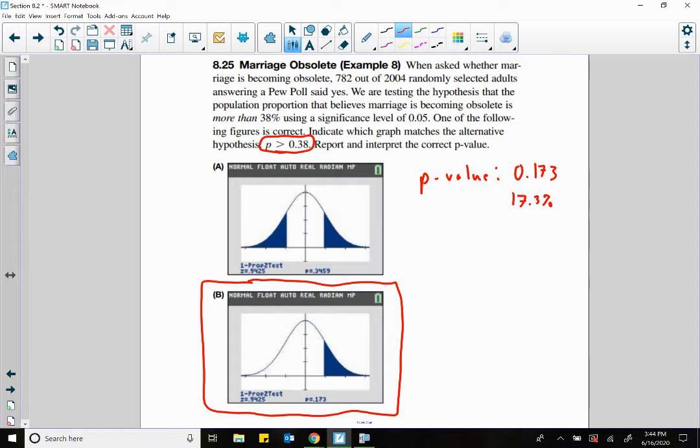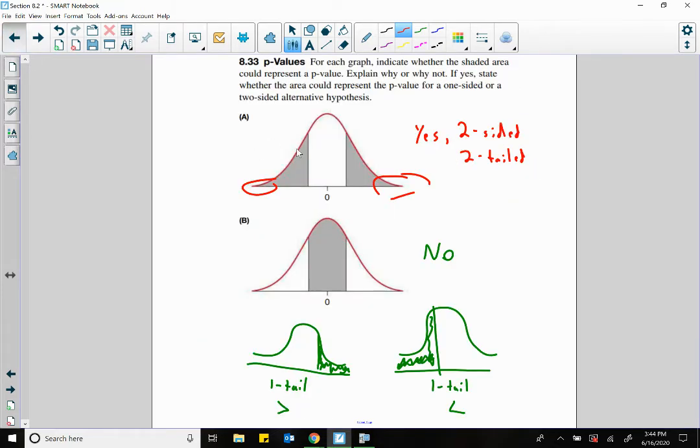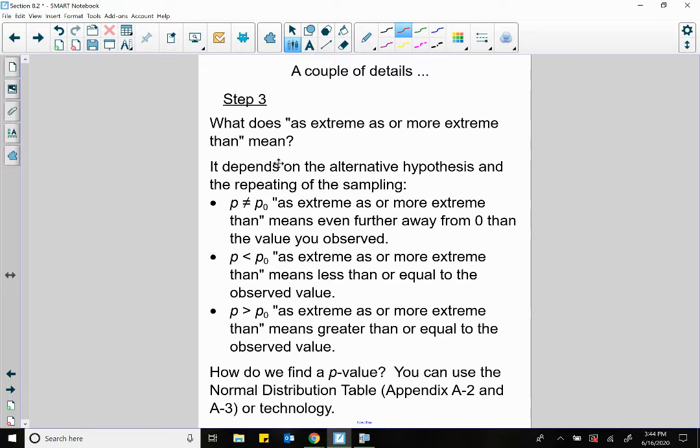If we want to write what this means in terms of the problem, this is where we're getting that as extreme as or more extreme than. Since we are dealing with the greater than, we want to say that it's greater than or equal to the observed value.